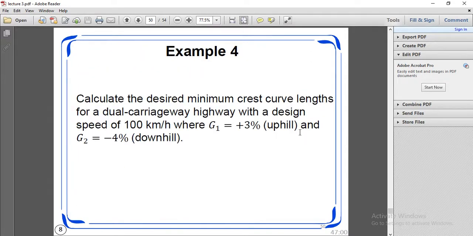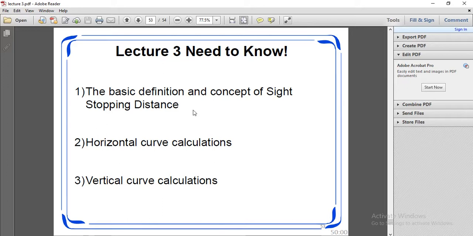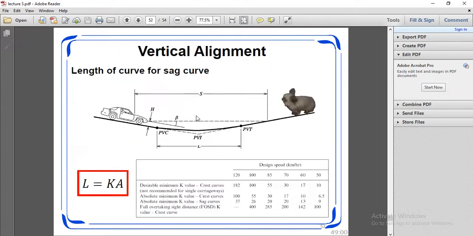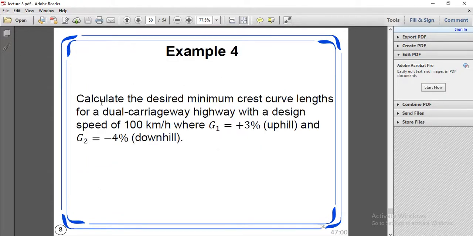Calculate the desired minimum crest curve length for a dual carriageway highway with a design speed of 100 km per hour, where G1 equals plus 3 upwards and G2 equals minus 4 downward.